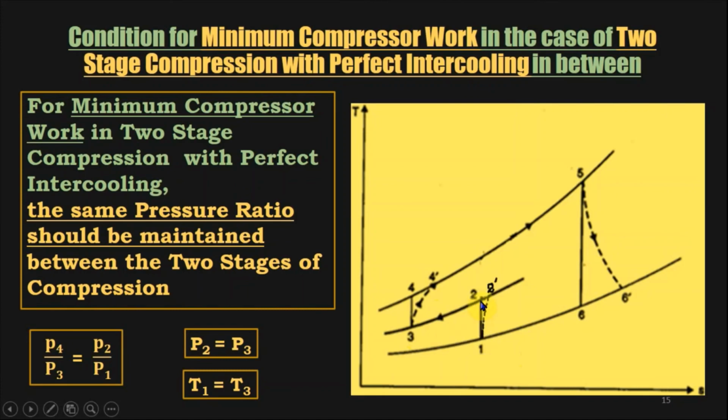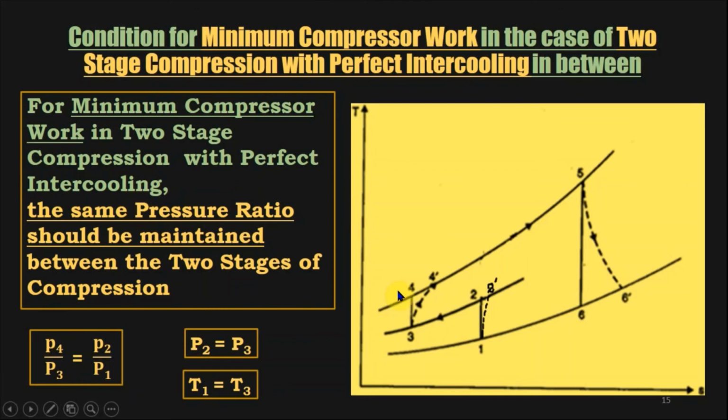So if P2 by P1 is equal to P4 by P3, that is, if the stage pressure ratios are the same, then that is the vital condition for minimum compressor work in two-stage compression with perfect intercooling.